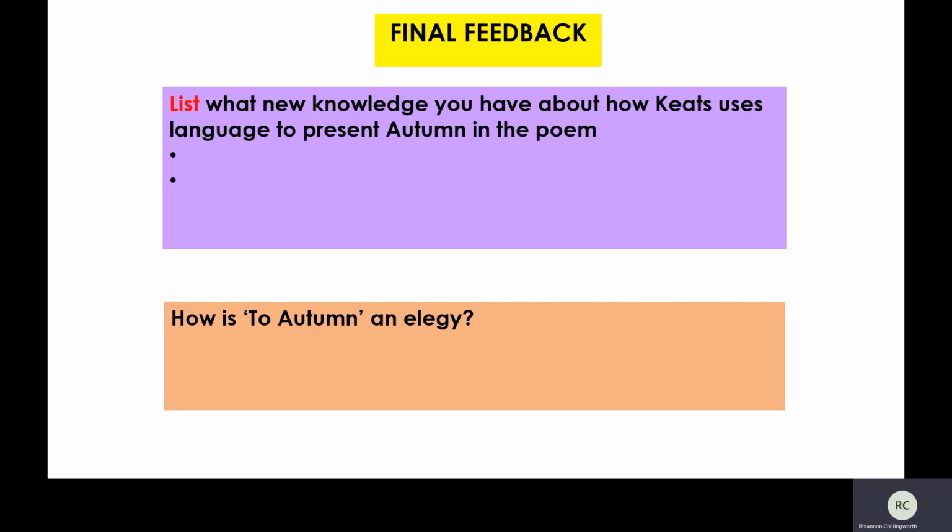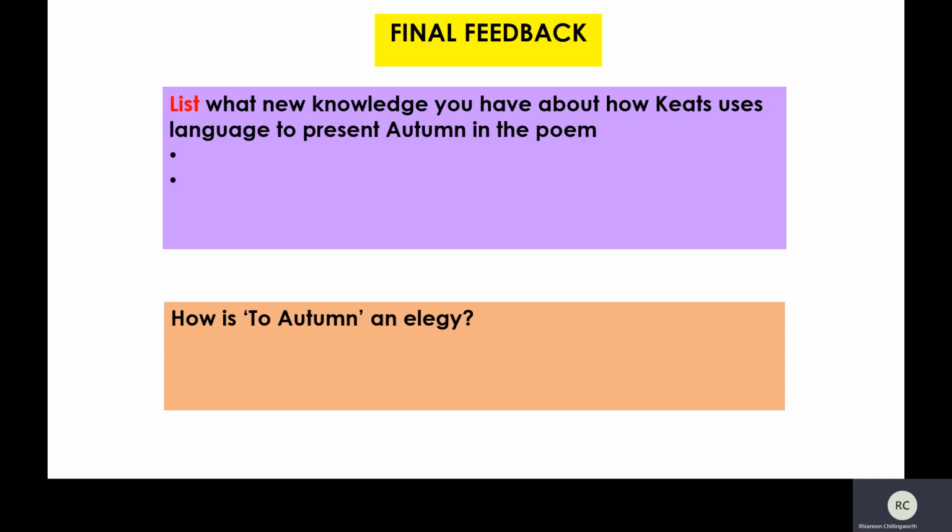So before we go, if you are watching this video, it is because you didn't do this in your live lesson and you are stuck or struggling with what quotations to pick, firstly, do please email your class teacher if you need some extra support.